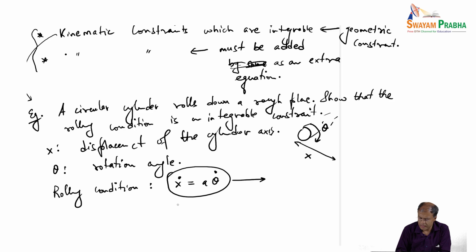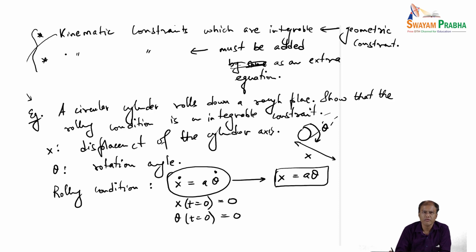We can assume that the displacement x at t equal to 0 is 0, and also theta at t equal to 0 is 0. So the cylinder has not rotated and it has not moved any distance at t equal to 0. So we can integrate, we find that x is equal to a theta, and we get a geometric constraint from a kinematic constraint.